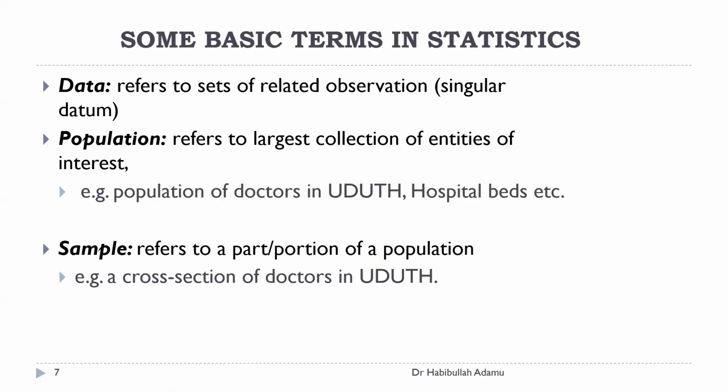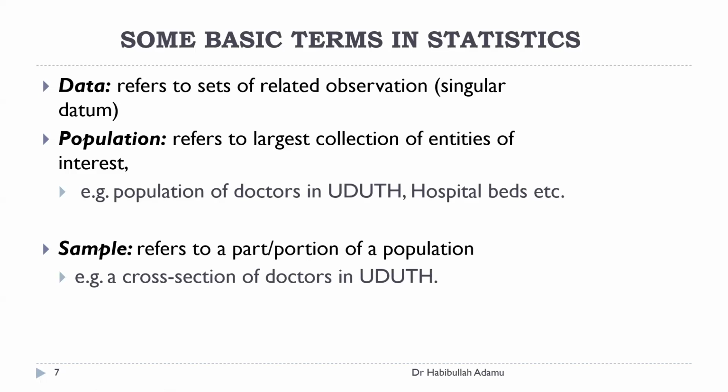Okay, so that is data. The other one is population. So in statistics, when we say population, it is referred to as the largest collection of interest. So if you are interested in researching 600 medical students, for example, all the 600 medical students now become your population.